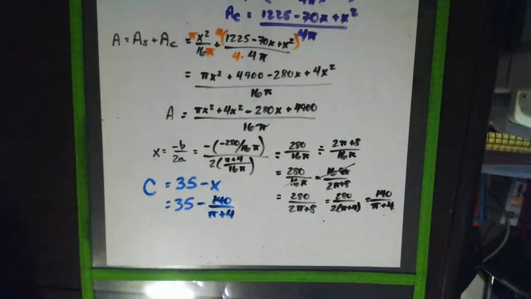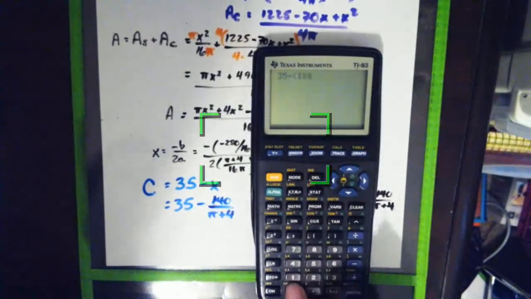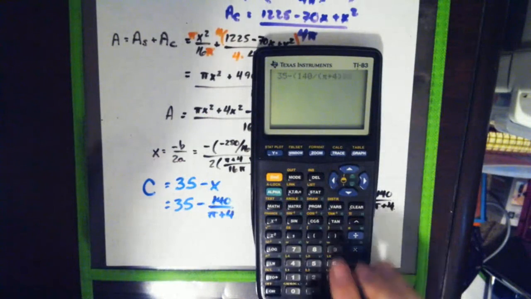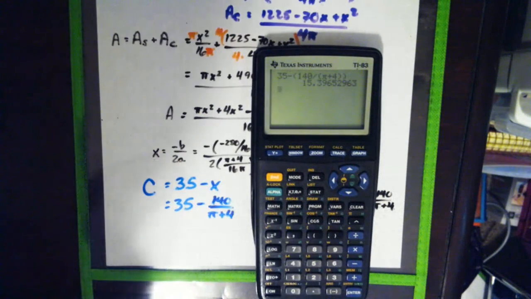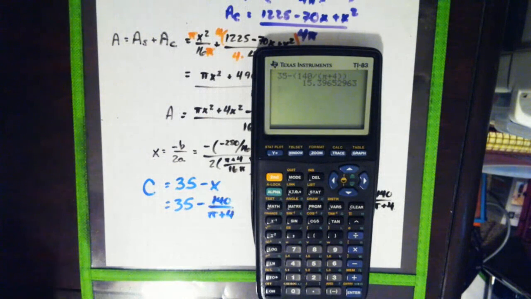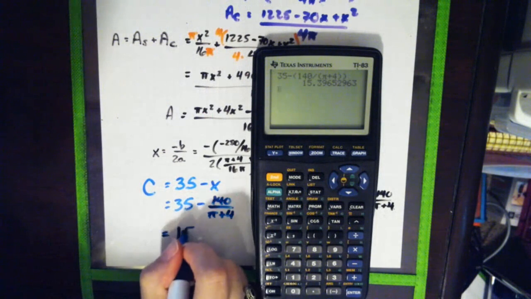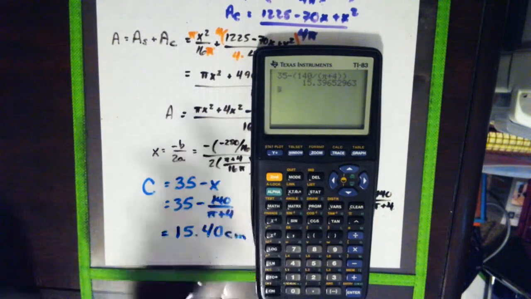Now be careful when you type it in the calculator. We want to make sure that we don't miss anything. We have 35 minus 140 divided by pi plus 4 equals 15.3965. It wants it rounded to 2 decimal places. So the circumference is going to be 15.40, and we were measuring in centimeters.